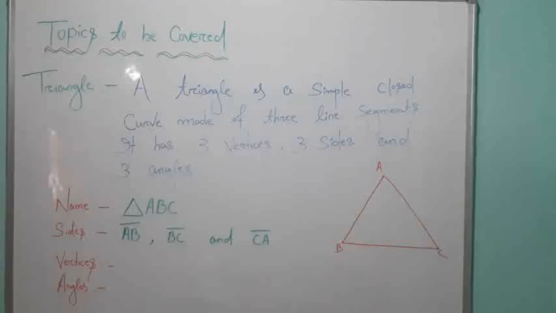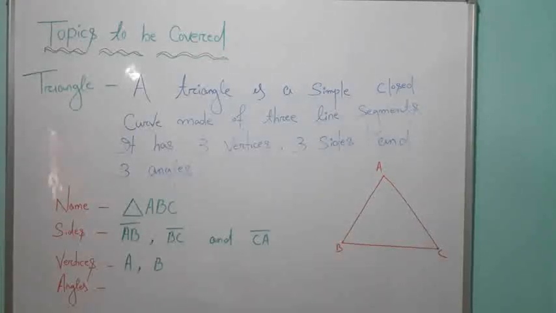Okay. Now come to the second part, that is vertices. What is vertices? Vertices is the plural form of vertex. Then what is vertex? Vertex is a point where two sides meet with each other. A is a vertex as AB side and AC side meet with each other at a point.